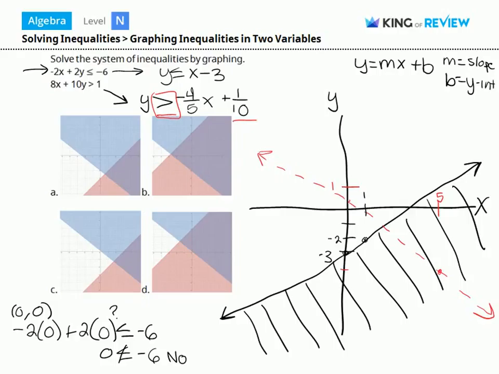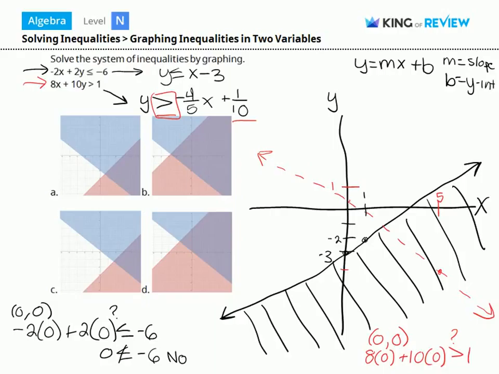And again, we'll use a point. Let's use the point 0, 0, and we'll plug this point into our second inequality here. So we have 8x plus 10y is greater than 1, and plugging in the point 0, 0, we have 8 times 0 plus 10 times 0 is greater than 1, and we're trying to find out if this is true or not.